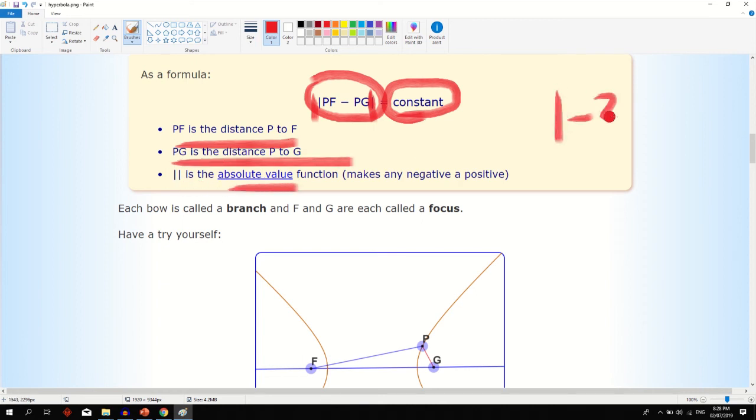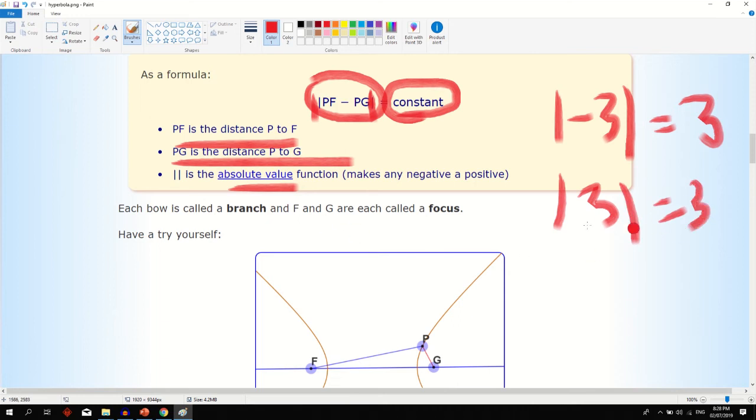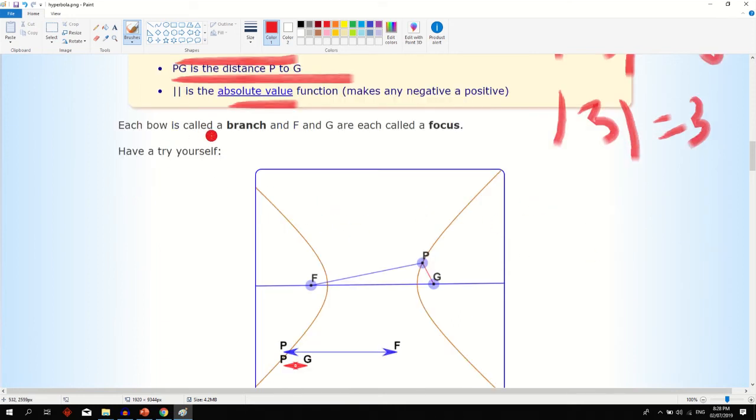If there's negative 3 with an absolute value, it will always be 3. If it's 3, it is still 3. So no negative value. Each bow is called a branch, and F and G are called the foci.